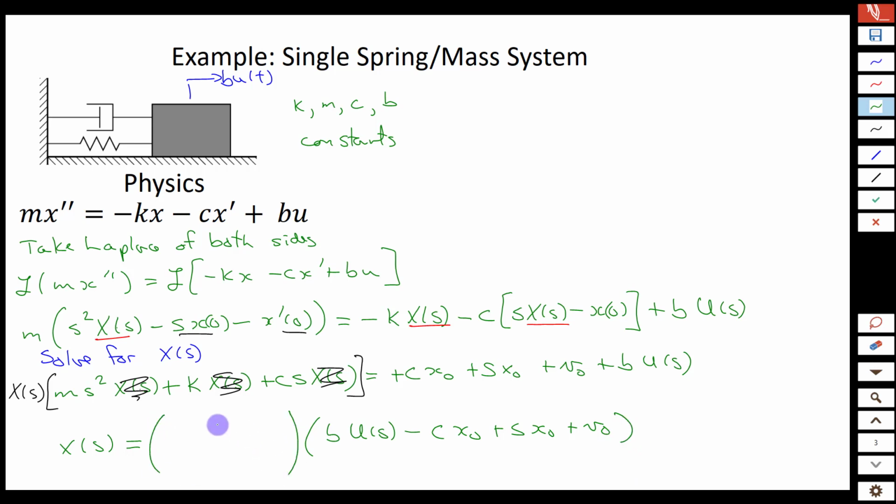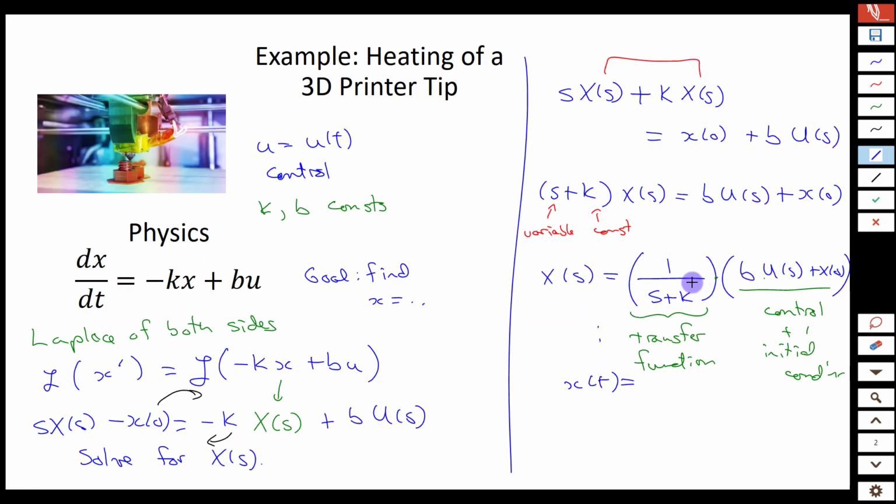And then over here, we have 1 over ms squared plus cs plus k, simply listing these in decreasing order of our s values: squared, linear, and then constants. And notice when we do that, we get the same structure we've had with our first order differential equation. We have some multiplier, and we have then the control and the initial conditions.